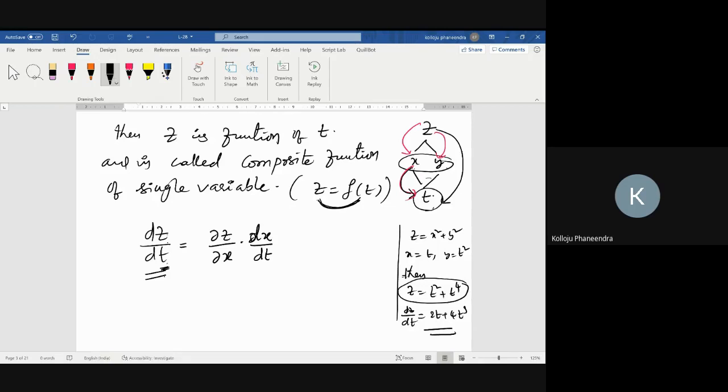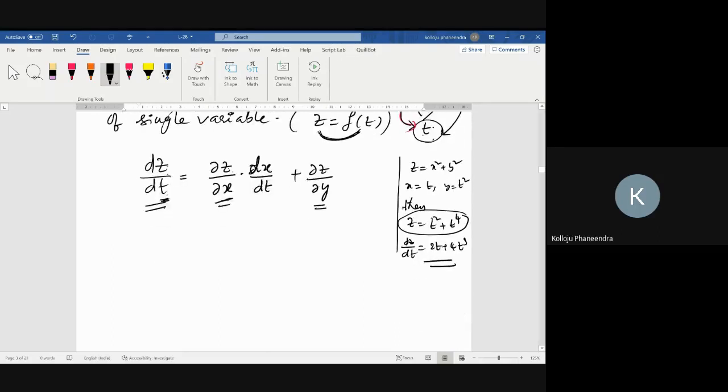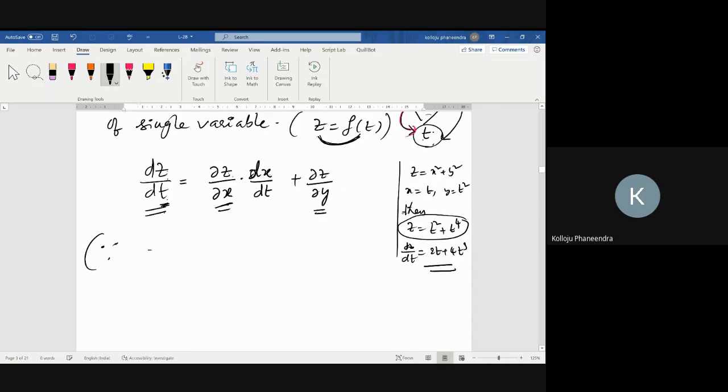Then how to write the total derivative formula? Dz by dt equal to, first, z is a function of two variables. Therefore, first z function of x, next function of y. I will write here also dou z by dou y. These are the partial derivatives because z is a function of two variables. Now x is a function of what? I have written previously one formula: what is the total differential? Dz equal to dou z by dou x into dx plus dou z by dou y into dy.